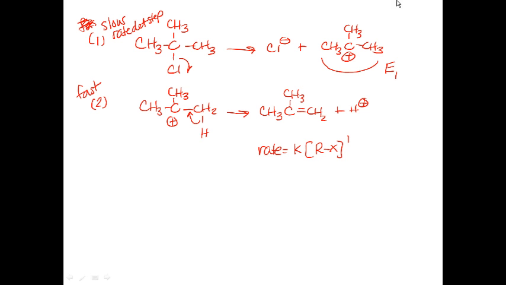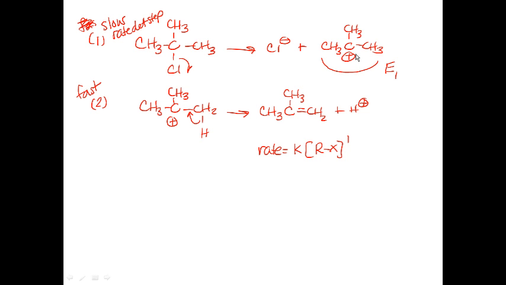Okay, so we're going to modify our chart later this week on Wednesday, basically by adding SN1 and E1 together whenever we predict an SN1 reaction. We're always going to get a little bit of E1 product as well because they share the same first step. It's really a question of timing as to whether or not the nucleophile attacks this carbocation or we eliminate one of the beta hydrogens.